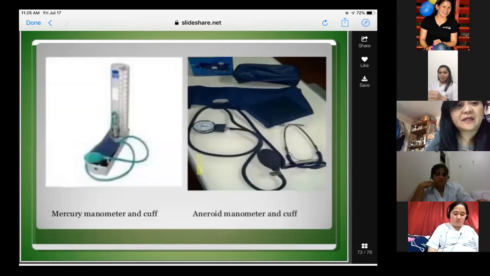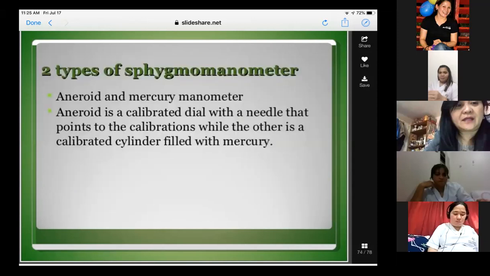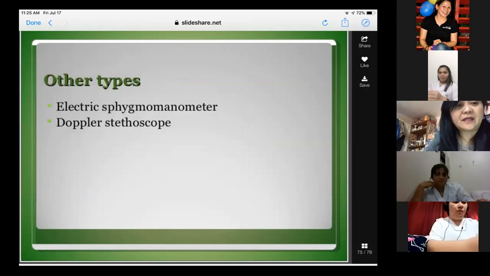These are the two types of sphygmomanometer. The other types available now in the market are the electric sphygmomanometer and the Doppler stethoscope. But the most common are the ones that I showed you.